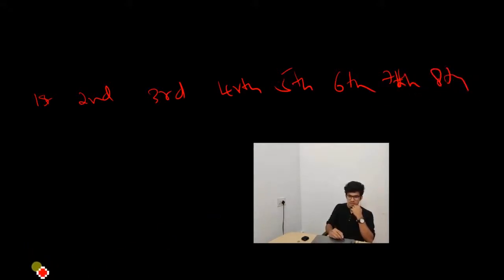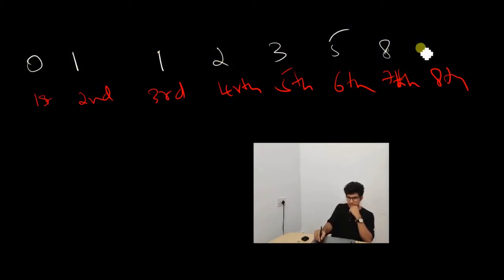What are the Fibonacci numbers? First number is 0, then 1, 0 plus 1 is 1, 1 plus 1 is 2, 1 plus 2 is 3, 2 plus 3 is 5, then 8 and 13 and so on. These are the Fibonacci numbers.